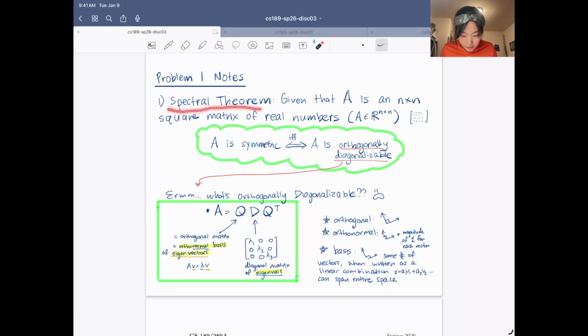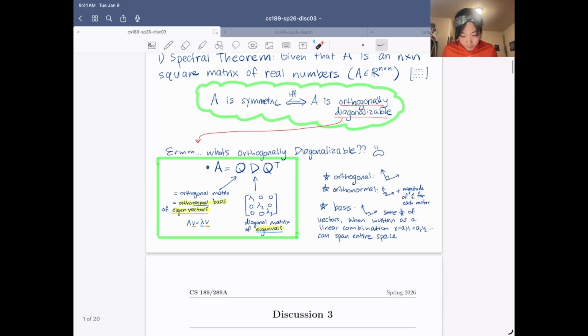The spectral theorem says that given that A is an n times n square matrix of real numbers, here's our square matrix, we know that A is symmetric if and only if A is orthogonally diagonalizable. And so, if A is symmetric, then the following holds. We can basically break down A into 3 matrices.